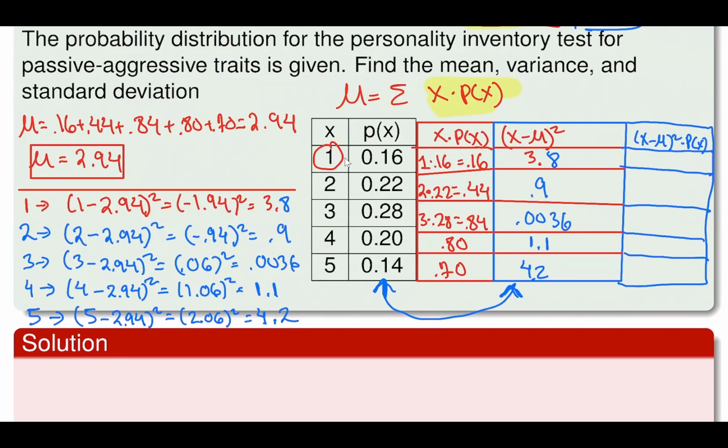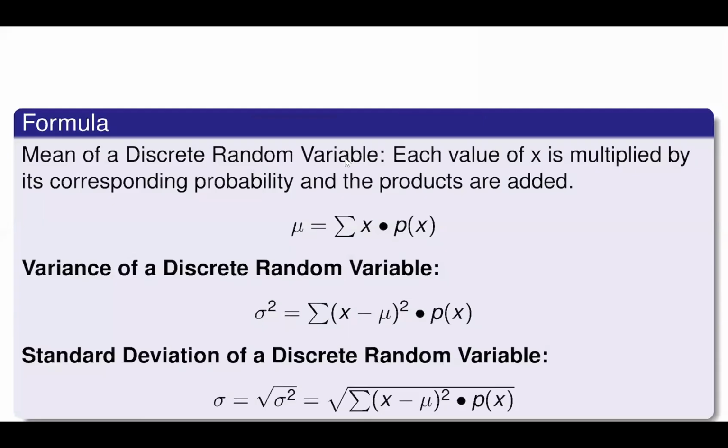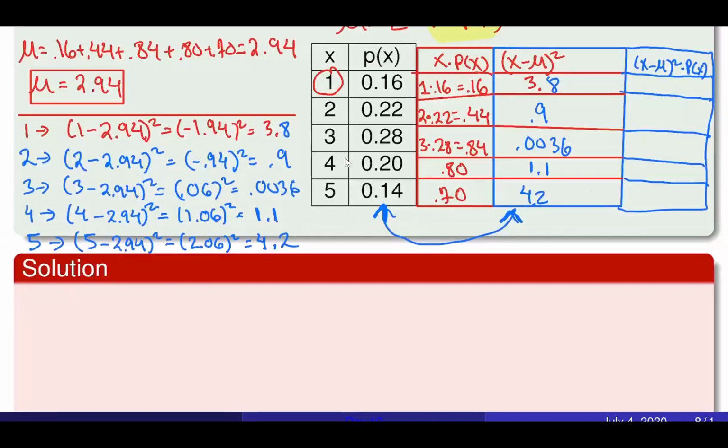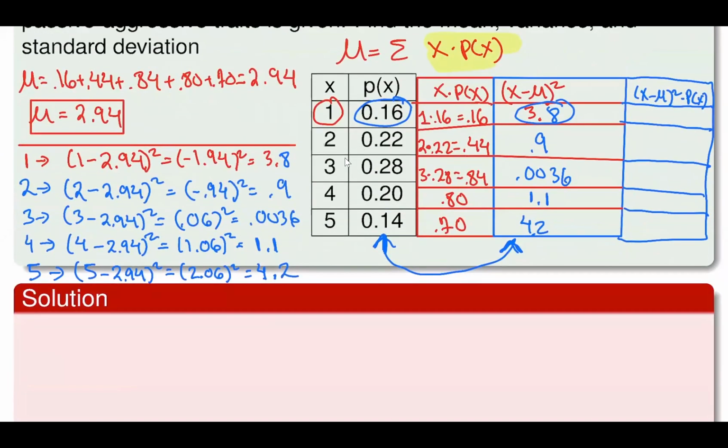All we have to do is get P of X and multiply by the row that I just got. So for this first one, we had to get 0.16 and multiply by 3.8. So 0.16 multiplied by 3.8 gives you 0.6.